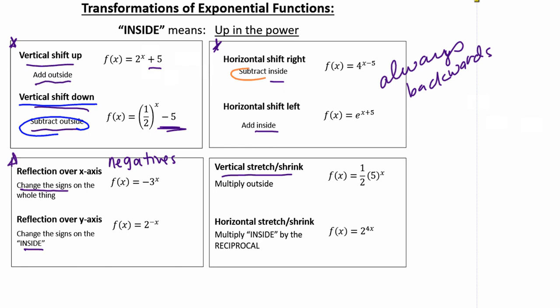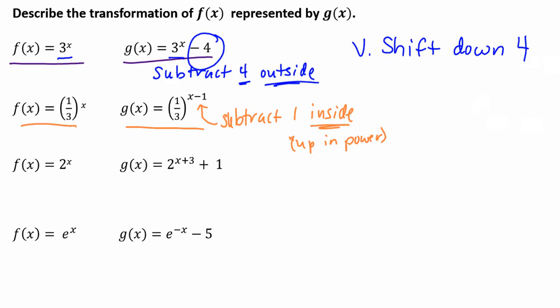Looks like it says here that it's subtracting inside. So my change is a horizontal shift right. So I would say horizontal shift right 1. That's how much I subtracted. I was inside, so that meant it was either left or right. It was right because I was subtracting, and 1 was the number that I subtracted by.